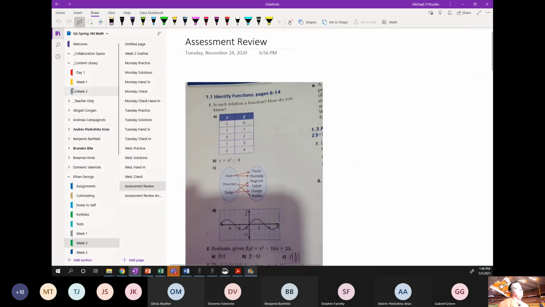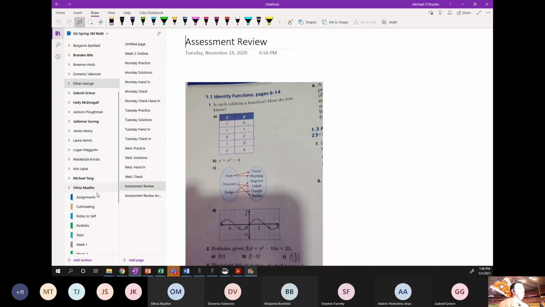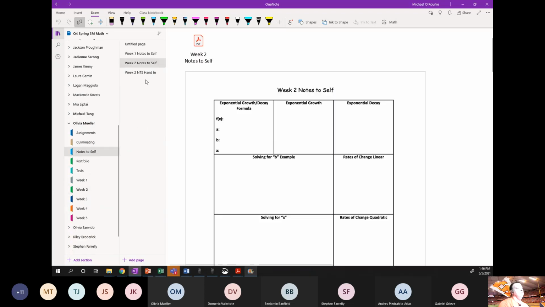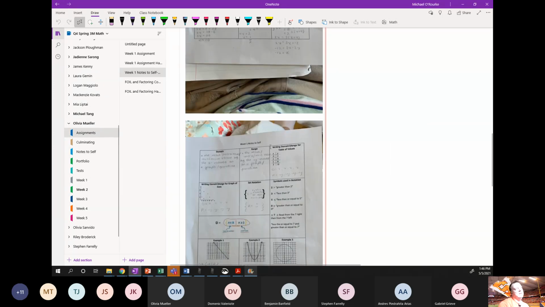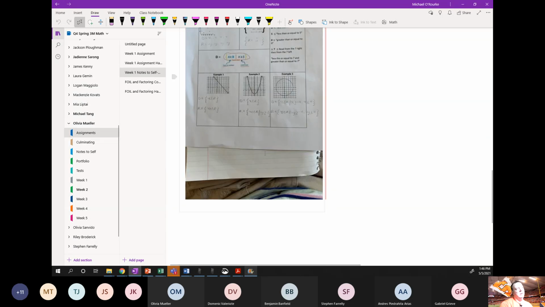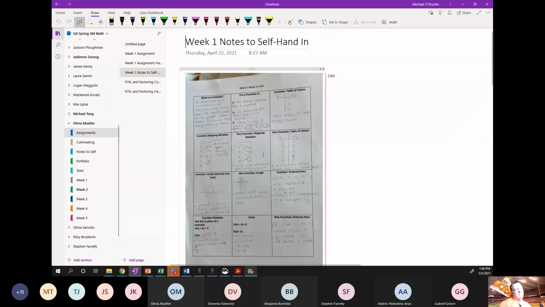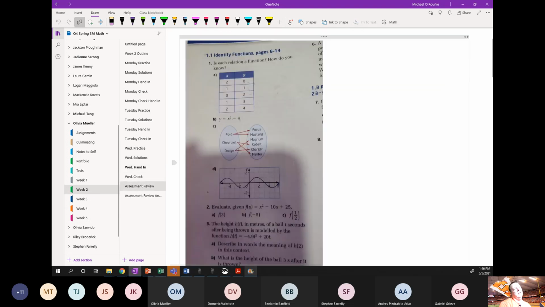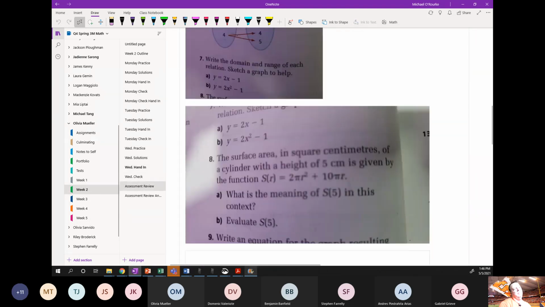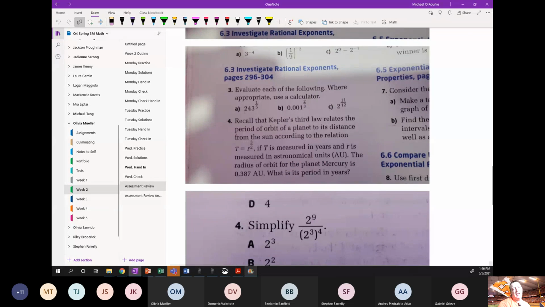The other thing you should make sure you have done is your first sets of notes to self complete, because you get those notes to self as you write your test. Understand? So make sure your notes to self are complete, finish your homework, look through the review, and you can start studying for your test on Friday. Does that make sense, everyone?